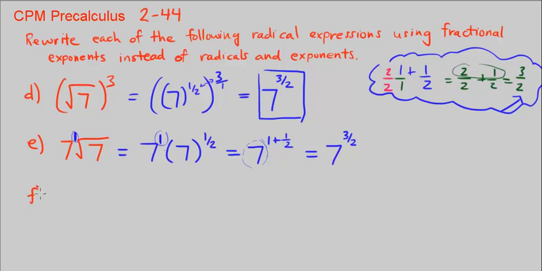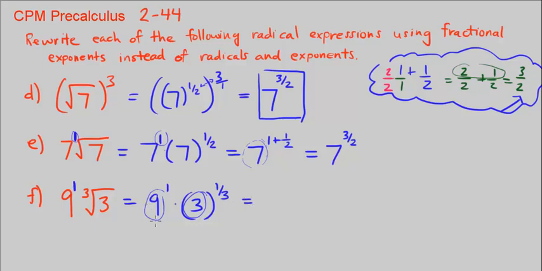Finally, part F. Part F is asking, what is 9 times the cube root of 3? So this is similar to the one we just did. We know 9 has an implicit, invisible 1 as the exponent. So that's 9 to the power of 1 times 3. The cube root is to the 1/3. So how do we get these to have the same base? Because this one's 9 and this one's 3.